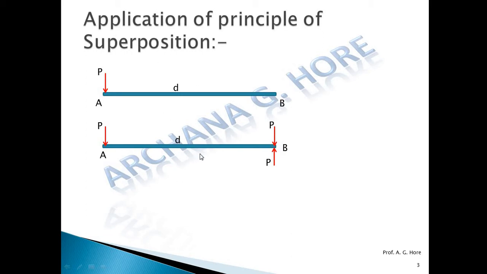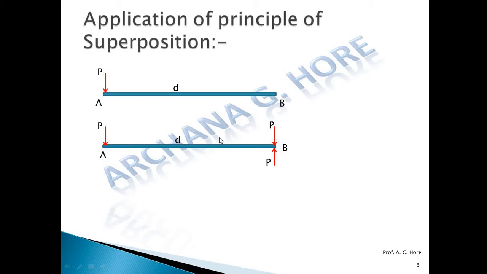Now if we observe carefully, at point A one force which is the vertically downward force P, and at point B one vertically upward force P. These two forces having the same magnitude, unlike parallel forces, non-collinear forces. So these two forces form a couple.